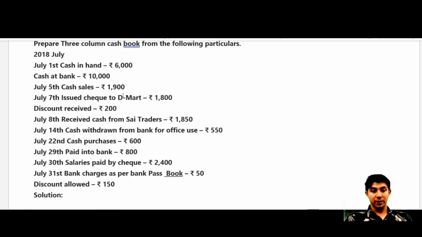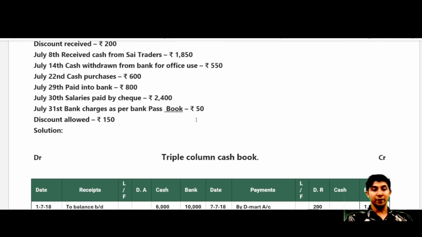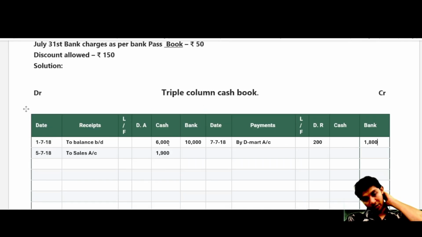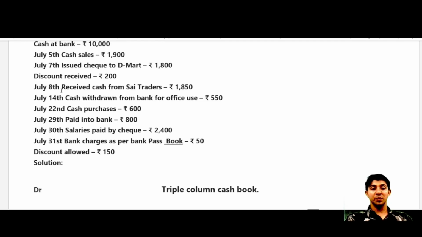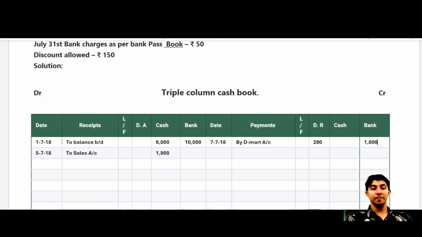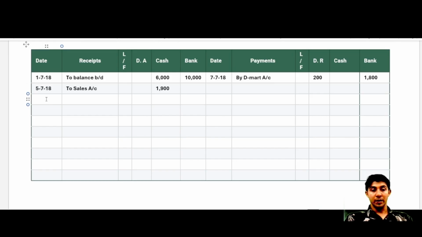Now let us see the next transaction, that is received cash from Sai Traders 1,850. Received cash from Sai Traders. तो हमारे बिजनेस में पैसे आए, पैसे आए तो हम किधर रिकॉर्ड करते, on the receipt side, डेबिट साइड रिकॉर्ड करते. 8th July. So in the date column we will write 8th July 2018, तो कौन दिए कैश हमारे साई ट्रेडर्स, साई ट्रेडर्स अकाउंट.